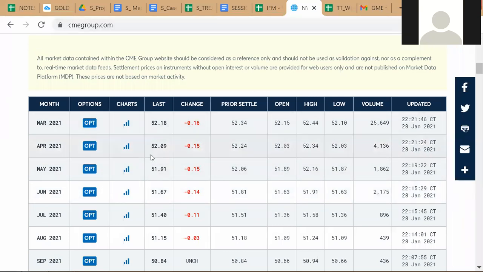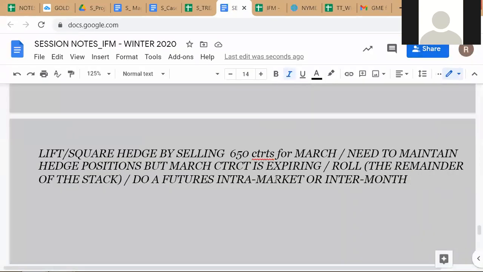If I had an exposure in jet fuel and I hedged it with crude oil, then my underlying position is, let's say, short for an airline in jet fuel, but my hedge position is long in crude oil. Crude oil is not the same as jet fuel. Jet fuel comes from crude oil, but the two are not exactly the same. So that would be an inter-market spread, because there are two different markets, inter. But this is an intra-market spread which we are going to do.